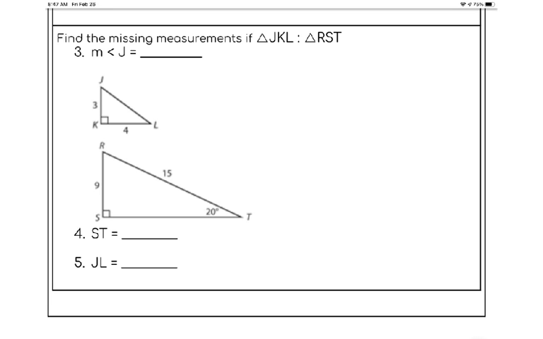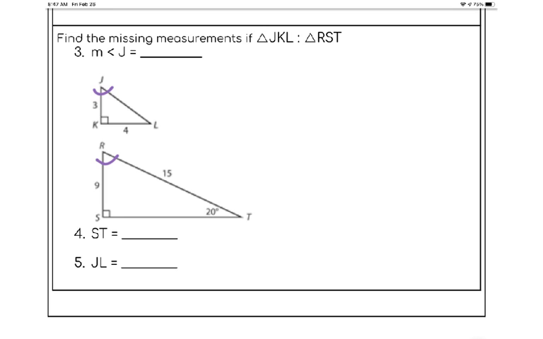Okay, so the measure of angle J, we're looking for the missing measurements. So the measure of angle J is going to correspond with the measure of angle R. But we don't know what angle R is.